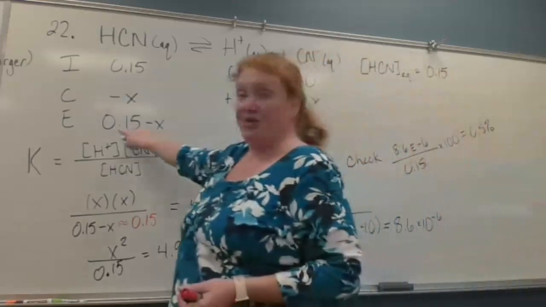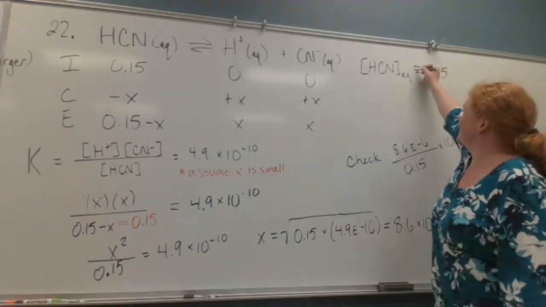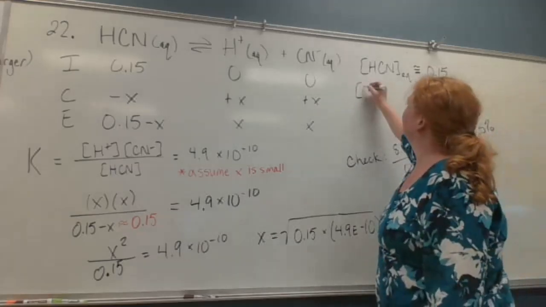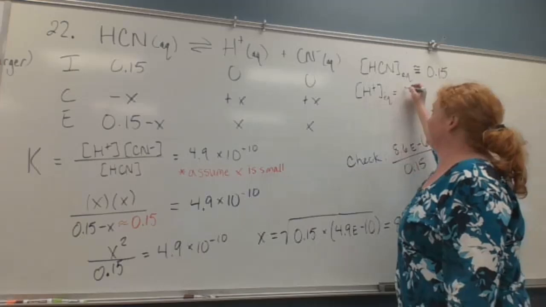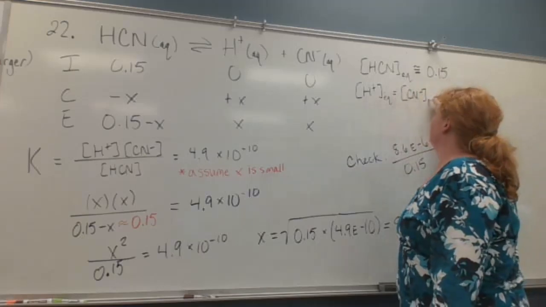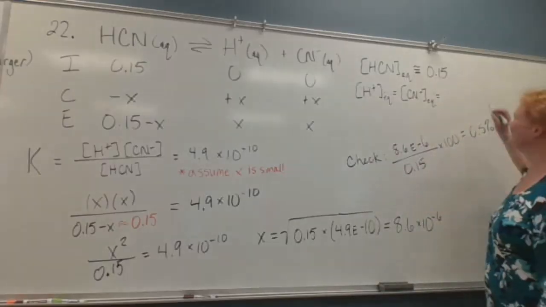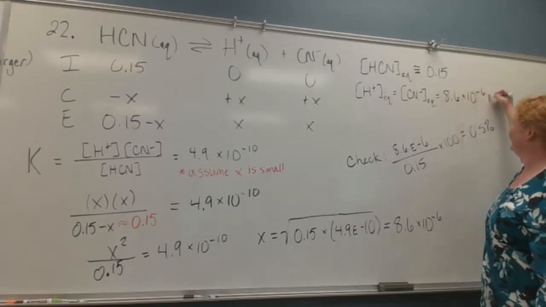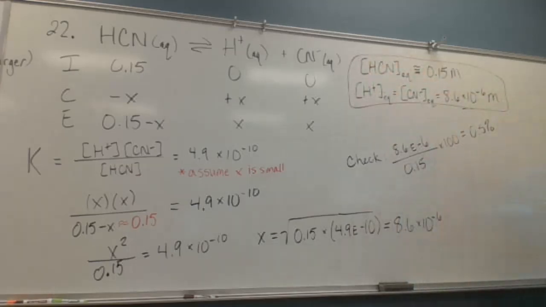If I do 0.15 minus x, I'm still going to get 0.15. It is essentially unchanged. But my products have a concentration now, don't they? Is it a very small concentration? Yes. Does that mean I can ignore it? No, that's why we do this math. Molar, molar, molar. Okay.